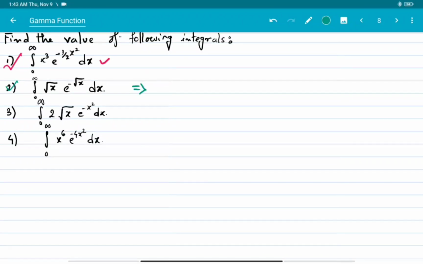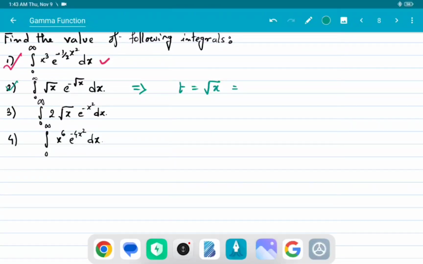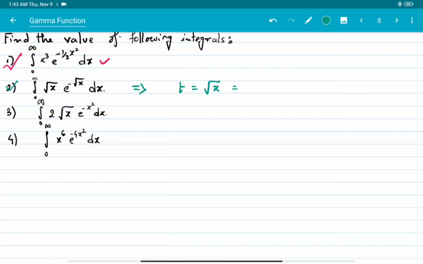We'll do the substitution again. We'll substitute root x, so t equals root x, and dx is 2t dt.